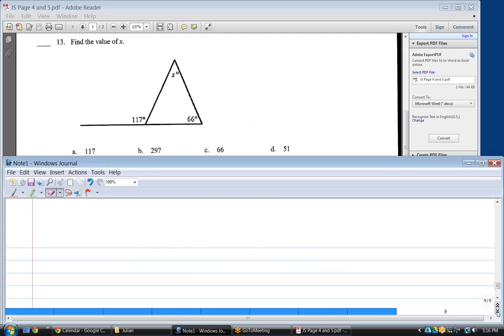What's x here? X is... Take me through the process. How are you figuring it out? So you have to find the second angle, the not x.